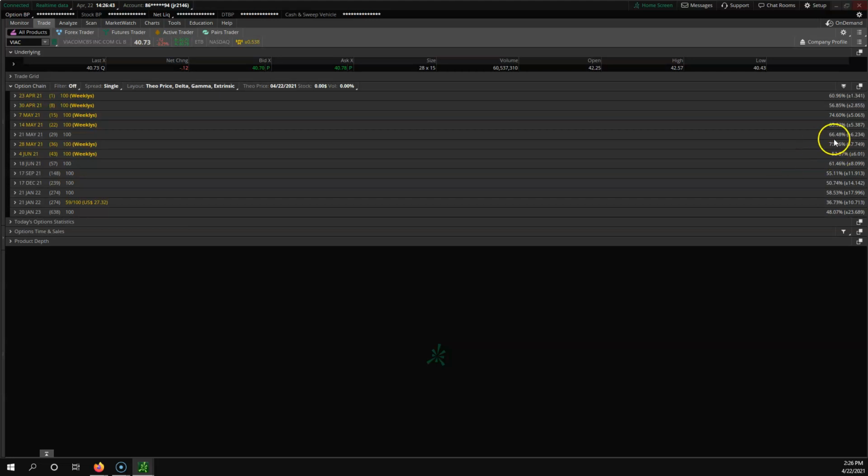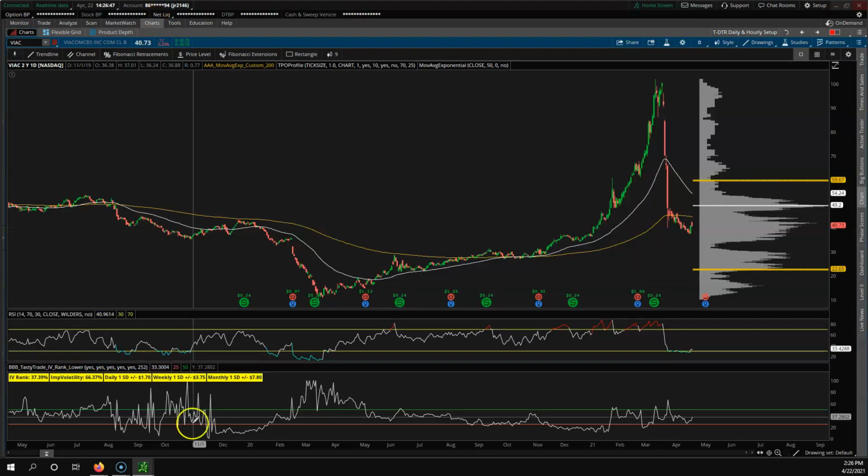Well, now we know if this is expensive or if it's cheap, because when we go look at the rank and we see implied volatility is 66%, well, we know, oh, 37 percentile. Okay, it's not cheap, it's not expensive, right? Anything above 50 starts getting expensive. Anything below 50 starts becoming cheaper. So right now we're at the 37.